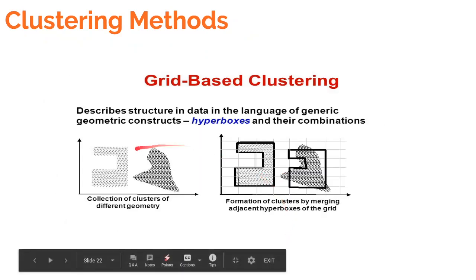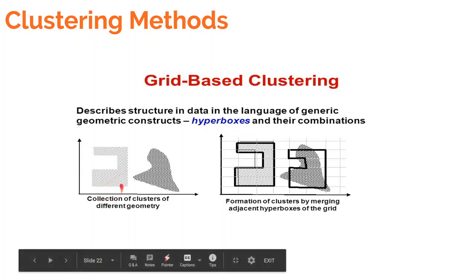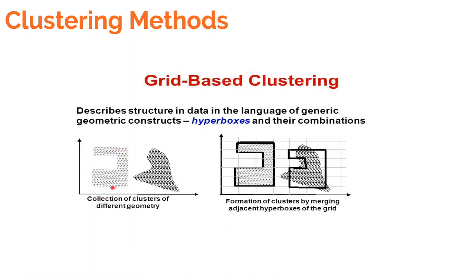This is the pictorial representation of the grid-based clustering technique. This describes the structure in the data in the language of geometric constructs. Initially, we have gathered these clusters from different geometry. This is the first cluster and this is the second cluster.